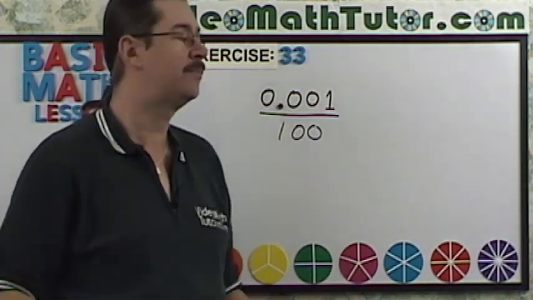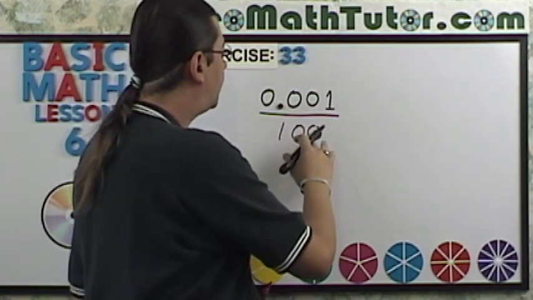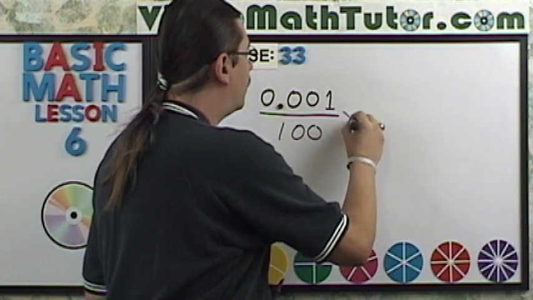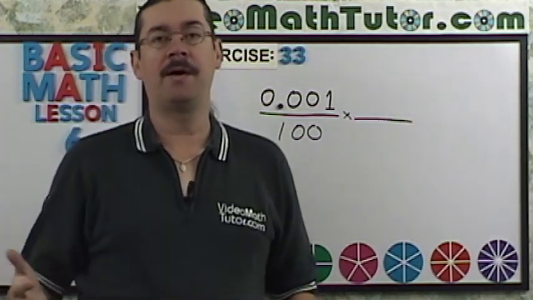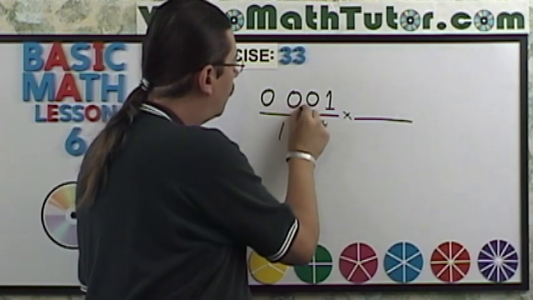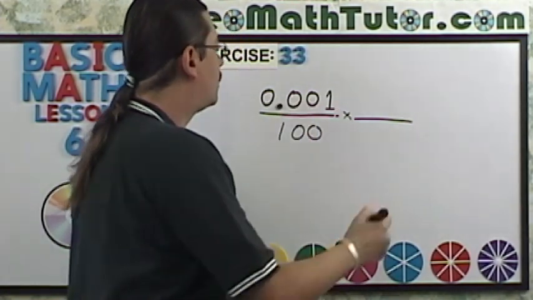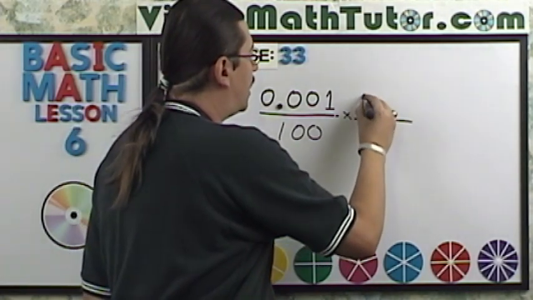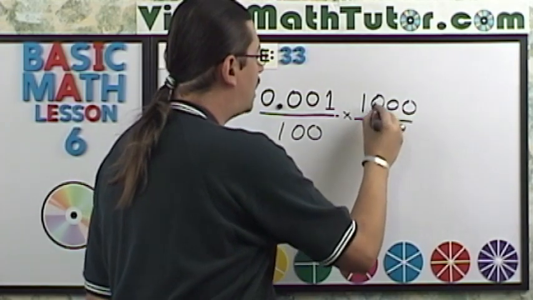Percentage means divide by 100. But since we have decimals on top, we have to multiply top and bottom by a power of 10. Well, which one? We need to go 1, 2, 3 places this way, so we're going to have to multiply by 1 followed by 3 zeros. And what you do at the top, you got to do on the bottom.